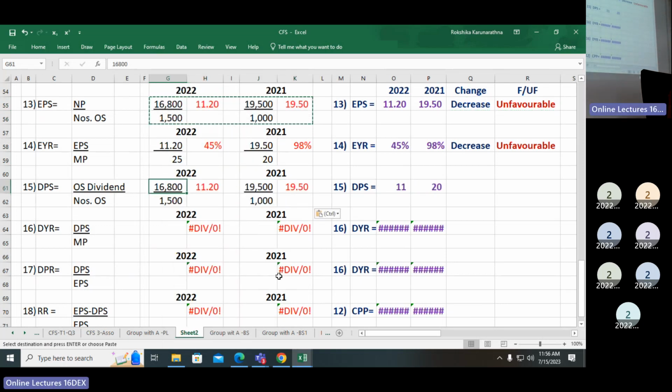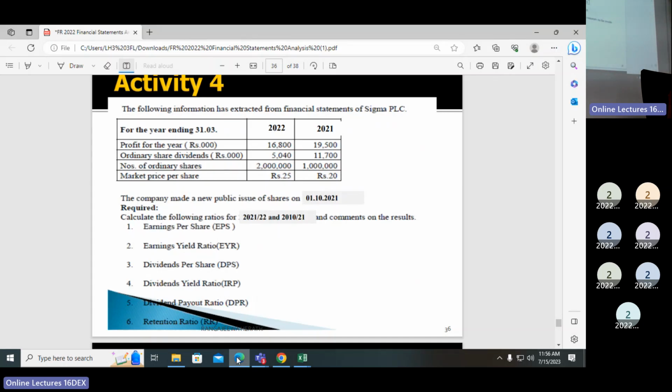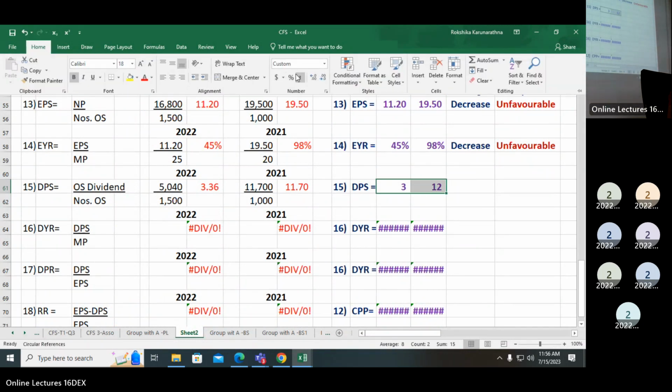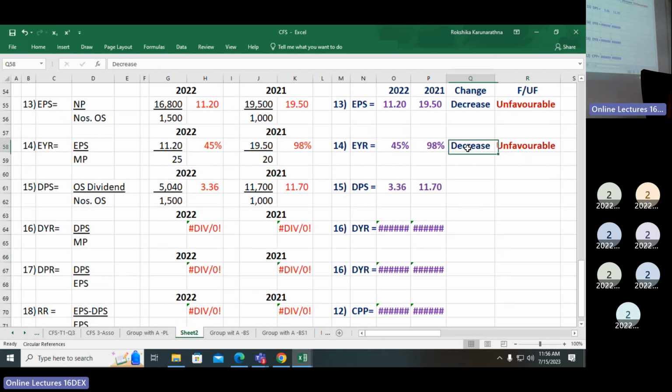For dividend per share, instead of earnings you now take the dividend: 5040 and 11700 dividend. So dividend per share also decreases, which is unfavorable.